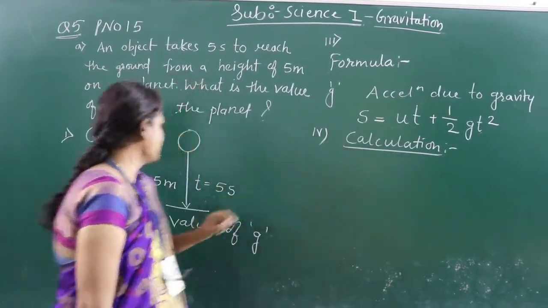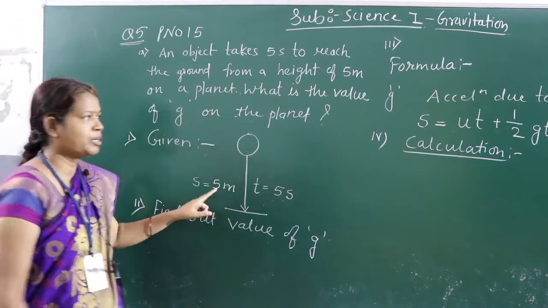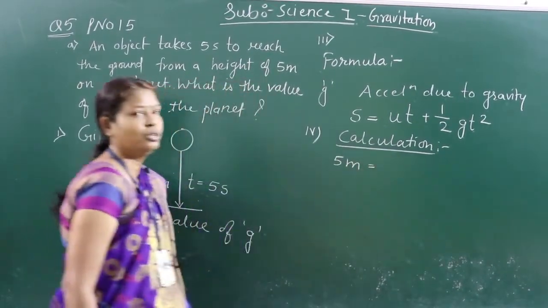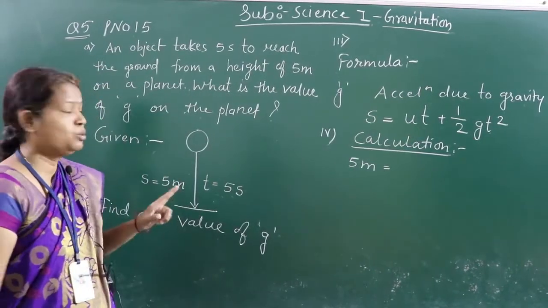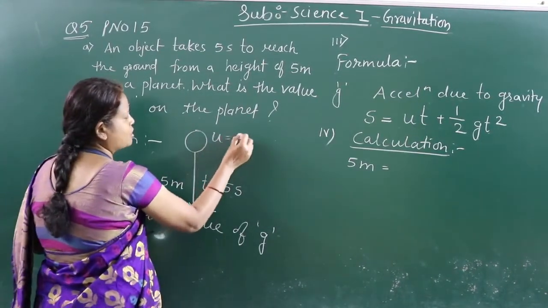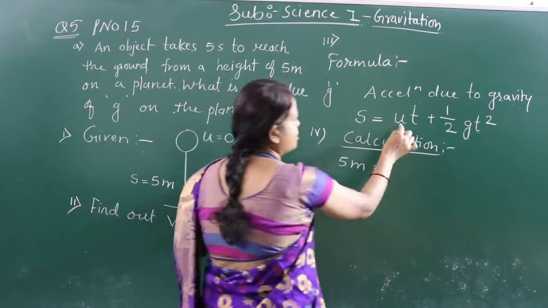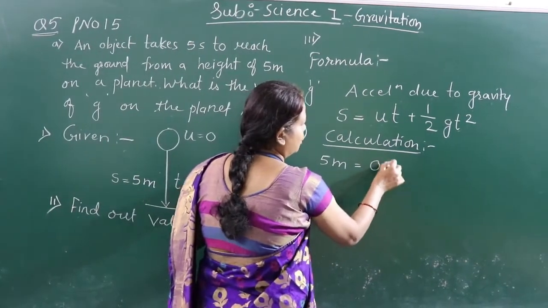Now S, what is S? It is 5 meters. So write down 5 meters is equal to u. Again I already told you that u is equal to 0 because it is initial velocity. So put 0 instead of u.